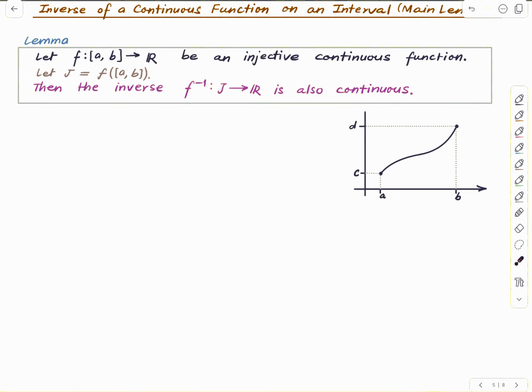So in this special case where you have the domain of the function as a closed interval, the inverse of an injective function defined on it is also continuous. So f is an injective function and hence a bijective function when you restrict the target to the image, and therefore you can take its inverse, and the inverse can be thought of as a function from J to R, not just I, but we are just writing R because we are comfortable when we look at R in the target.